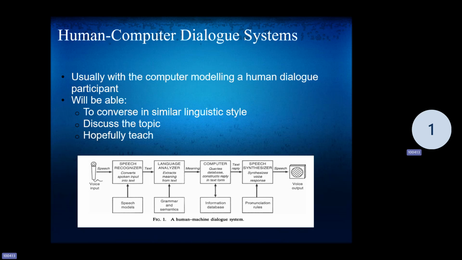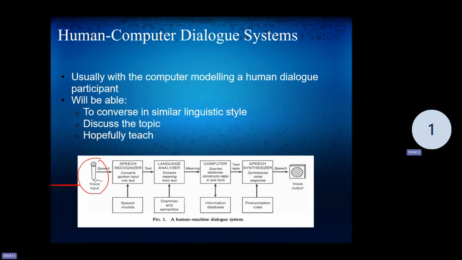So usually with computer modeling, a human dialogue participant will be able to converse in simple linguistic style, discuss the topic, hopefully teach. For example, this is your voice input, like I am teaching you. And what is my input here? Voice input. Then the speech recognizer converts your spoken English into text. Then the language analyzer extracts meaning from the text.